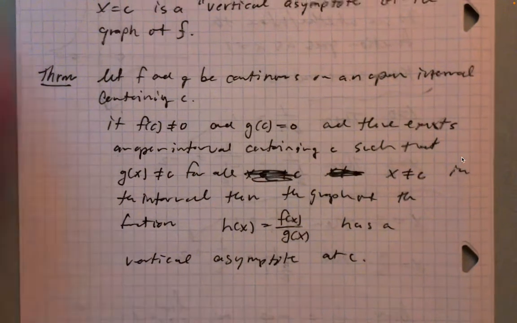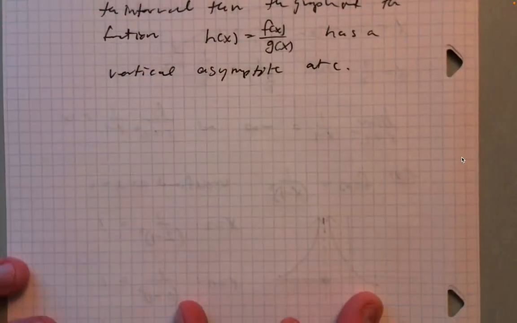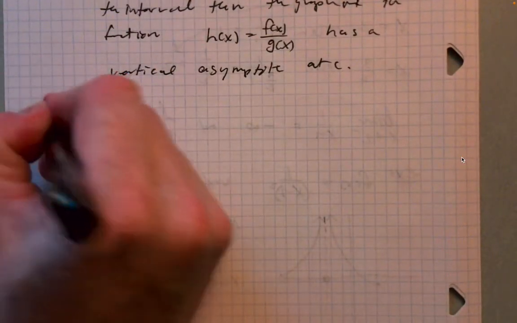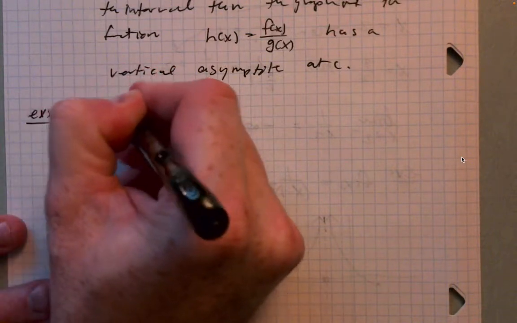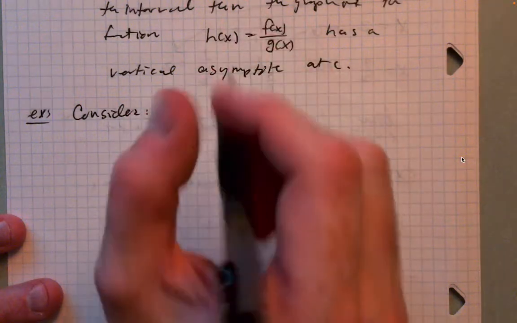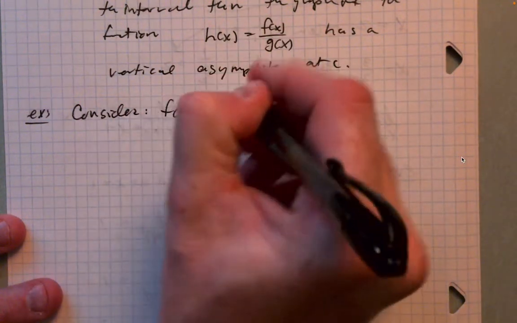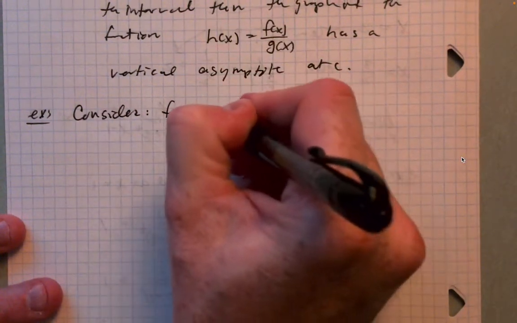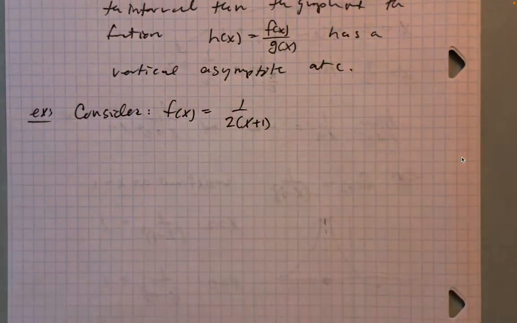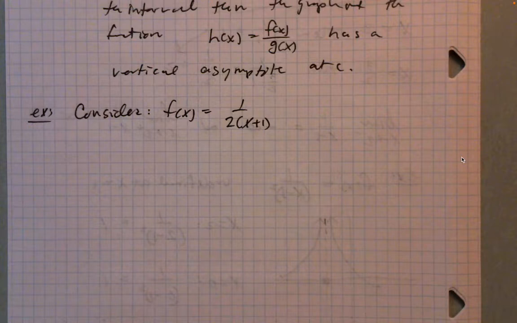If all of that is met, then the function h has a vertical asymptote at c. Okay, let's see an example of this at work and see what this looks like. So consider this guy. F of x equals 1 over 2 times x plus 1, where obviously x equal to -1 makes a 0.